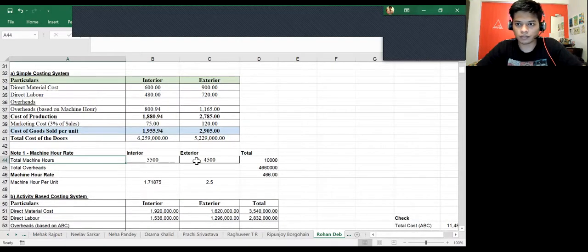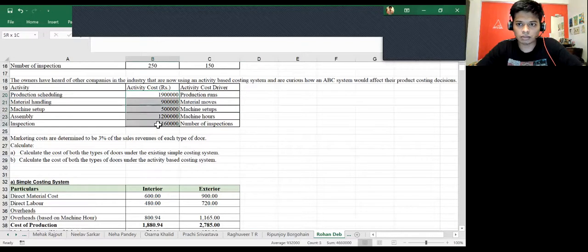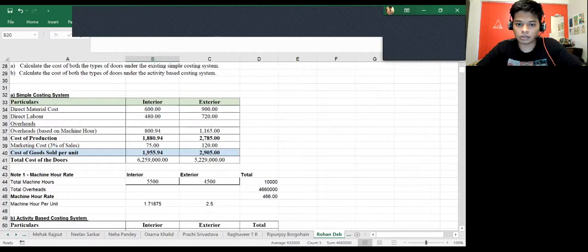So 5500 and 4500 total is 10,000 machine hours, and the total indirect cost, which comes to 46,60,000, is divided by 10,000. Again, I've used the sum function to calculate this and not directly put it. 46,60,000 divided by 10,000 would give you 466 per machine hour rate.